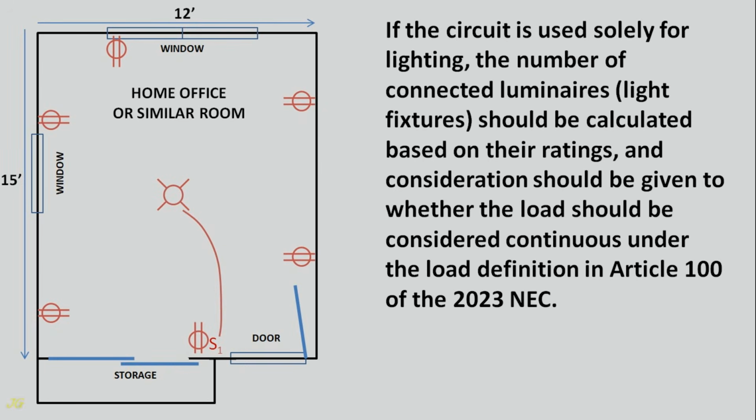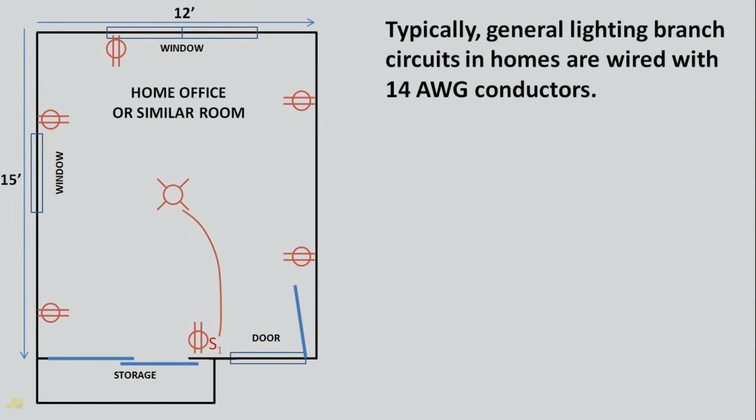If the circuit is used solely for lighting, the number of connected luminaires, light fixtures, should be calculated based on their ratings, and consideration should be given to whether the load should be considered continuous under the load definition in Article 100 of the 2023 NEC. Typically, general lighting branch circuits in homes are wired with 14 gauge conductors.